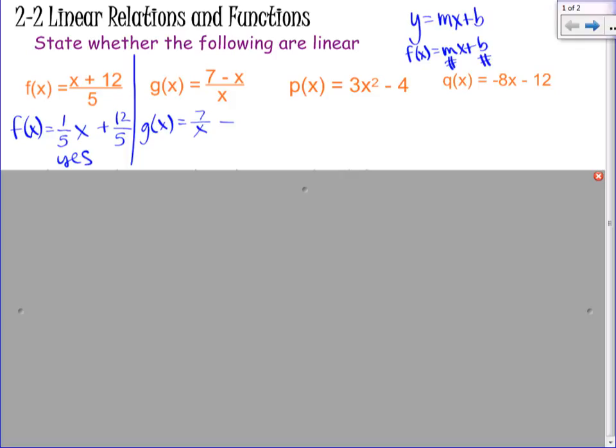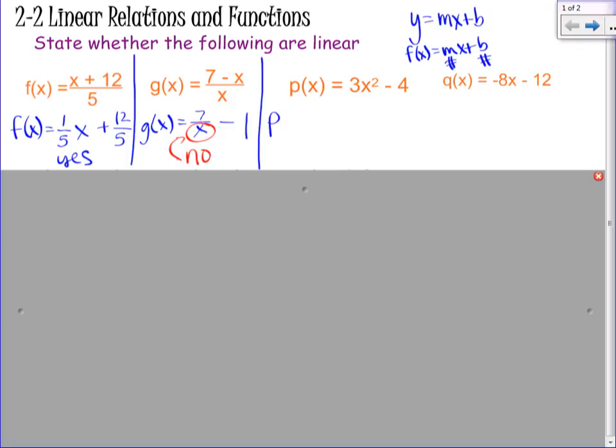What would this one be? It'd just be x over x, which is 1. Is this mx plus b? No. Okay, this x in the denominator makes it a no. So on the homework, when you're saying your yeses and nos, if it's a no, tell me what makes it no. Okay, but if it's yes, you can just say yes.